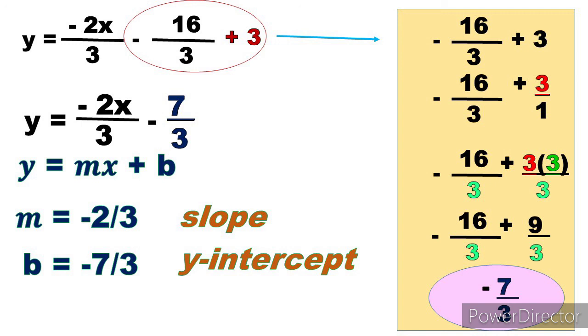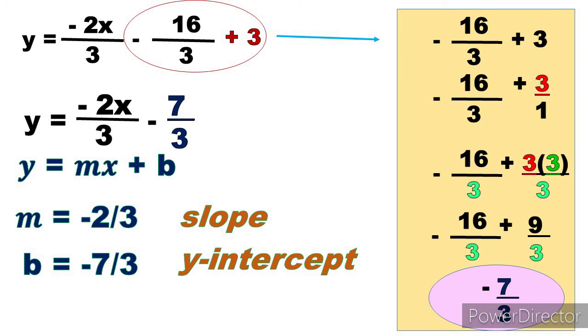Since they do not have the same denominator, we need to get the LCD, or the least common denominator. The least common denominator of the two fractions is 3. So 3 divided by 3 is 1 times 16 equals 16 over 3, plus 3 divided by 1 is 3 times 3.